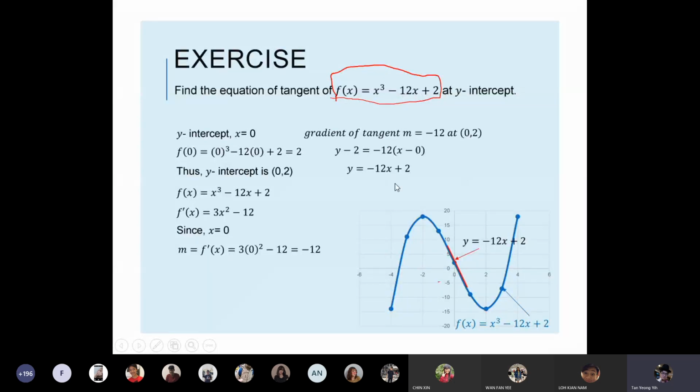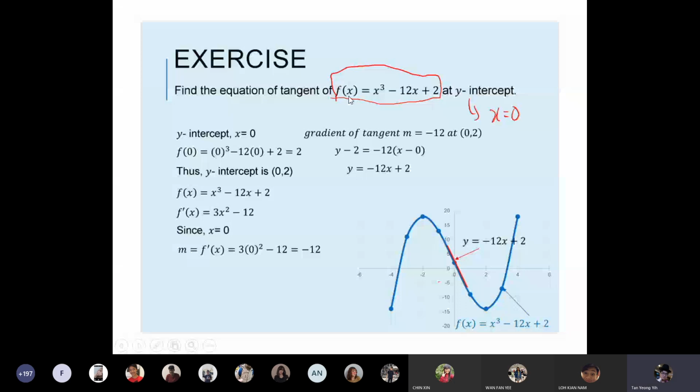Let's say we have a graph, at the y-intercept, when x equals 0. What is the x here? x equals 0. The y-intercept is here. When x is 0, we want to find the equation of the tangent at this point.